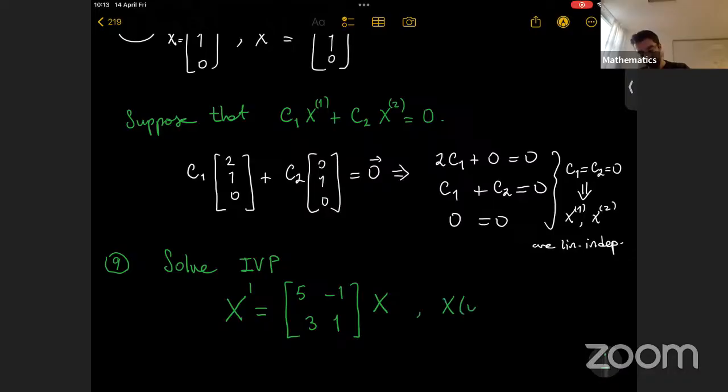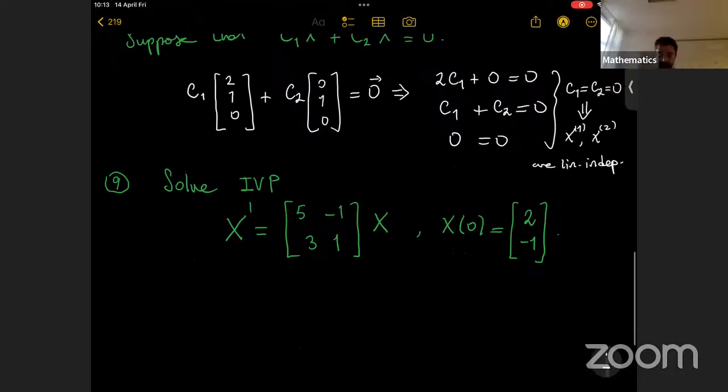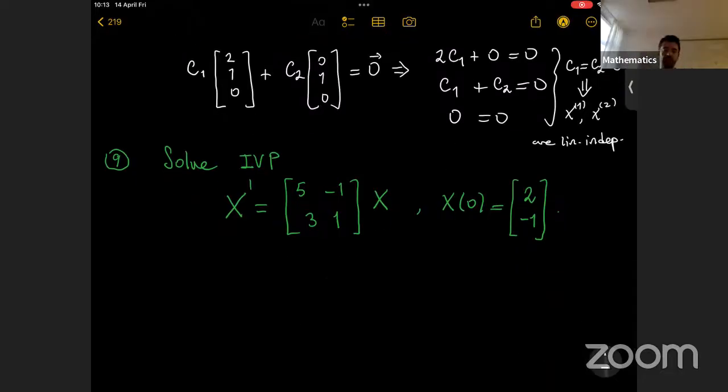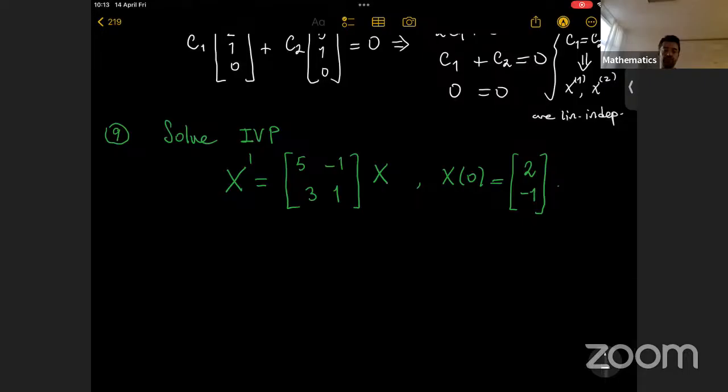The initial value is x(0) equal to (2, -1), okay? Well, to solve this, we find the eigenvalues and eigenvectors then. What are the eigenvalues? 5 minus lambda, minus 1, 3, 1 minus lambda.